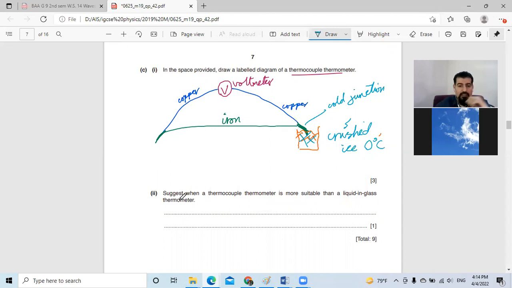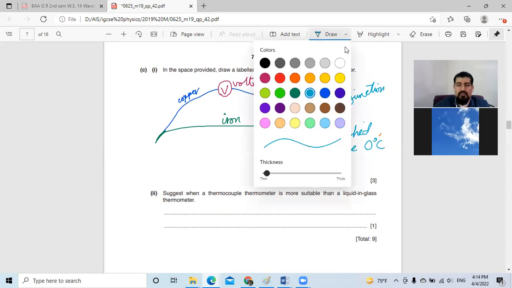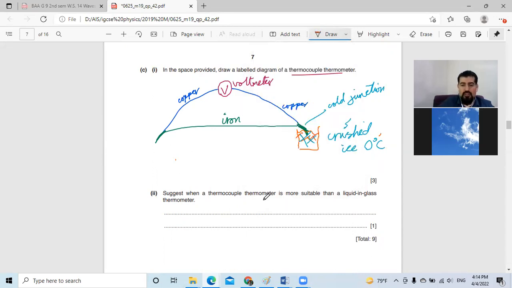Good. Now they ask us to suggest when the thermocouple thermometer is more suitable than the liquid in glass thermometer. Now we know that we can use the thermocouple to measure the temperature of things that have rapid change in their temperature, or a very high temperature like lava, or that can pass through small holes, like when we need to measure the temperature of an oven, which has a temperature greater than 300 degrees Celsius.